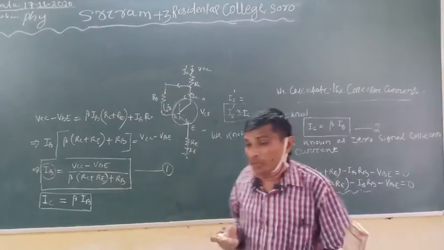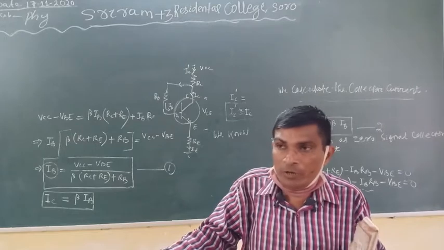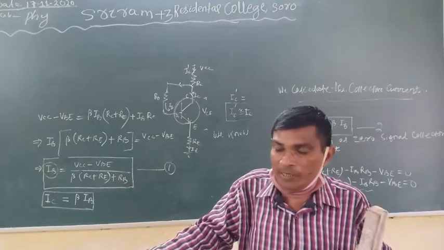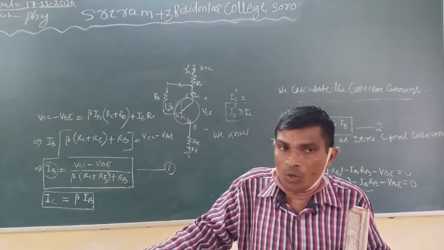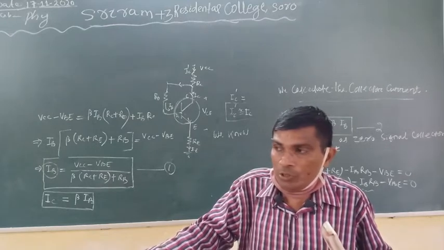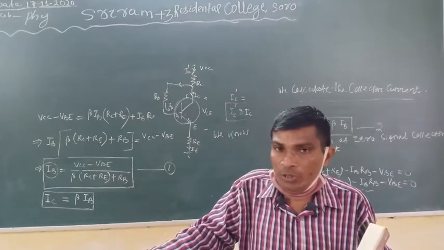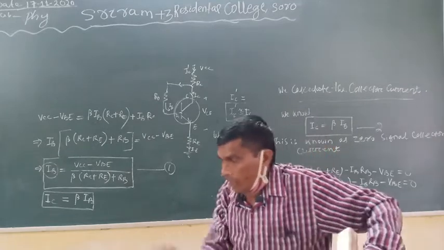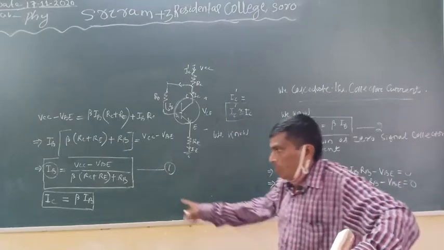From the previous class, biasing means the proper flow of zero signal collector current, and proper maintenance of the base emitter voltage and base collector voltage, and also keeping the base emitter junction forward biased and the base collector junction reverse biased for the proper operation of the transistor.